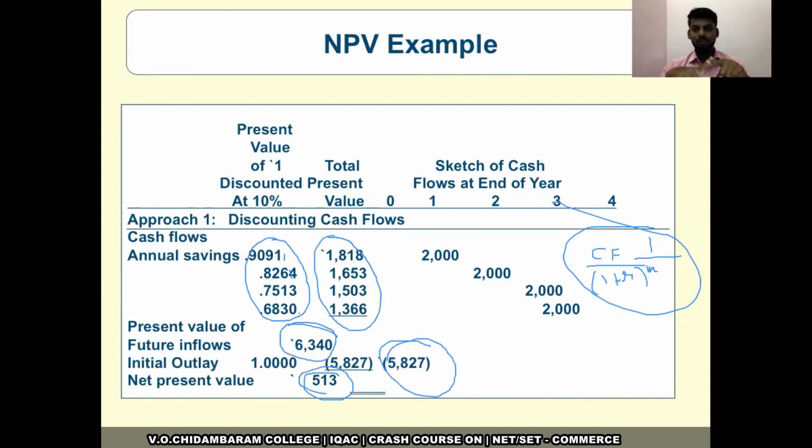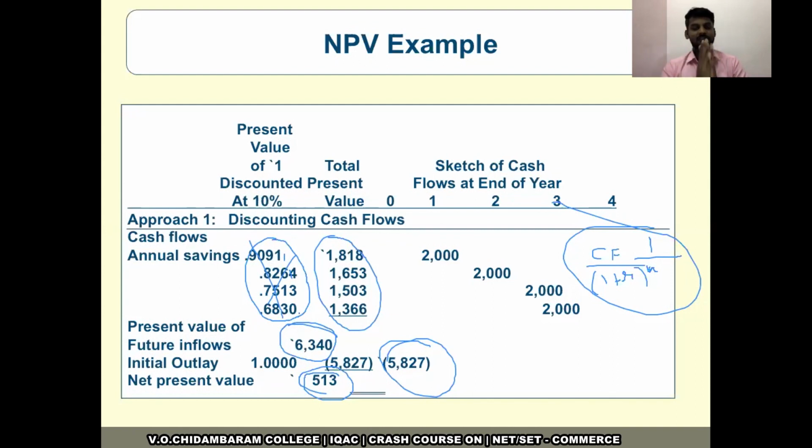For 1 rupee in the very first year, the value is 0.90. In the next year the value comes down. These are calculated for 1 rupee, but we have calculated it for 2000 rupees. When you multiply by 2000, these are the values arising. Normally, it is given in a table in the appendix of textbooks.